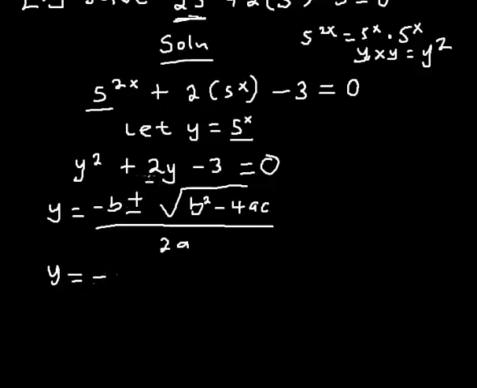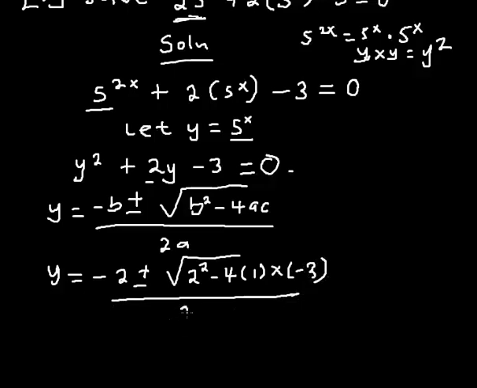The coefficient of y is 2, so I'm going to have minus 2 plus or minus the square root of 2 squared minus 4 times a, where a is the coefficient of y squared, which is 1. So 4 times 1, times c, which is minus 3, then divided by 2a, 2 times 1.